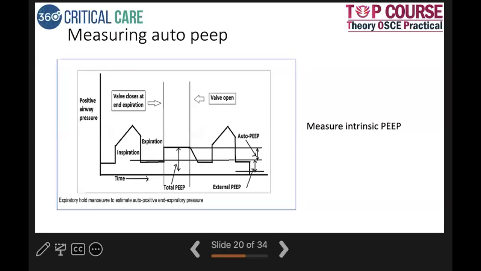Okay. But where are you going to use this auto PEEP? In a controlled mechanically ventilated patient? No need. In a controlled mechanically ventilated patient, what is the method to overcome auto PEEP? Can anyone tell me? No, I don't want you to be interactive throughout, but at least I want to understand whether you are understanding what I'm speaking.